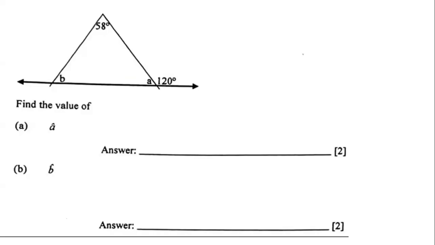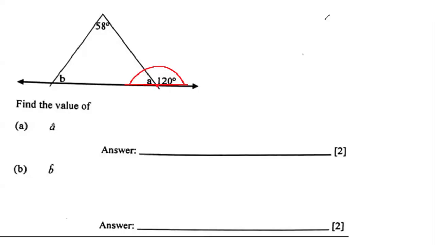So let's check now. All right, what do we know about A? A is on a straight line. A and 120, they're on a straight line at a common point. What do we know about angles on a straight line at a common point? They add up to what? Angles on a straight line, 180. They add up to 180. Very good, they add up to 180 degrees.